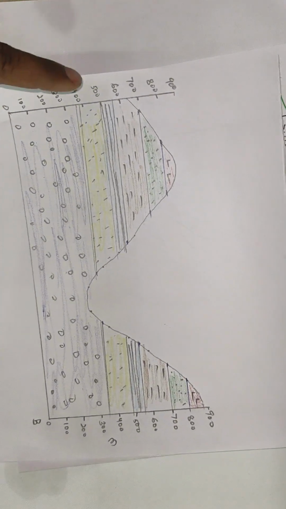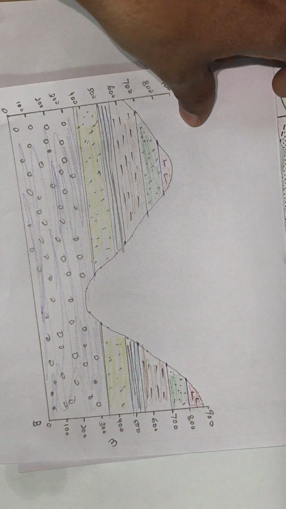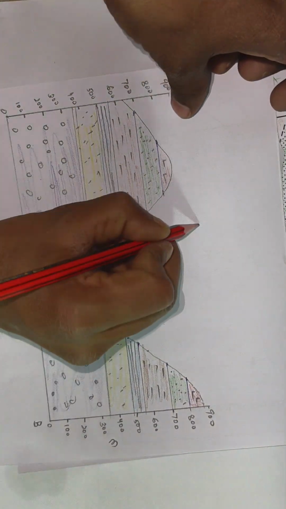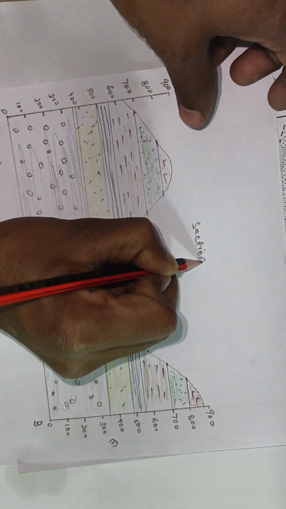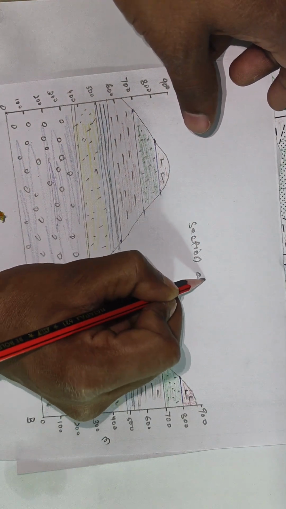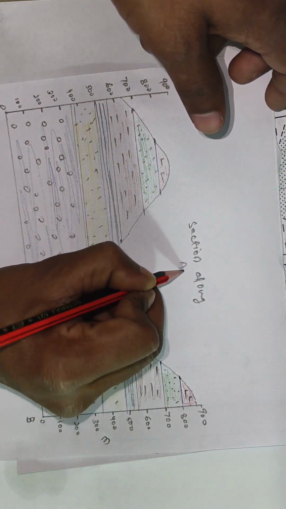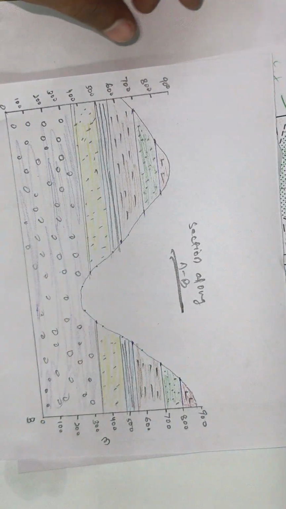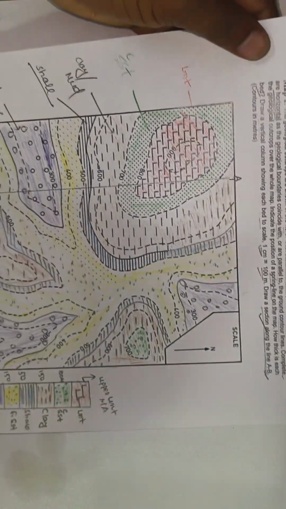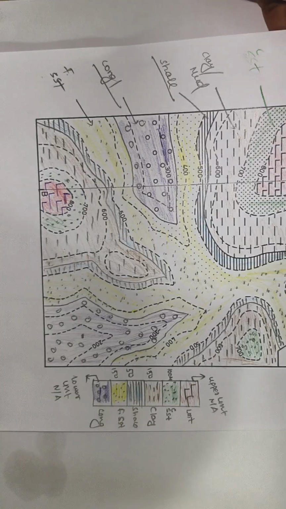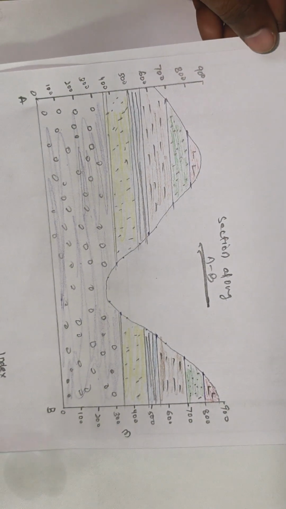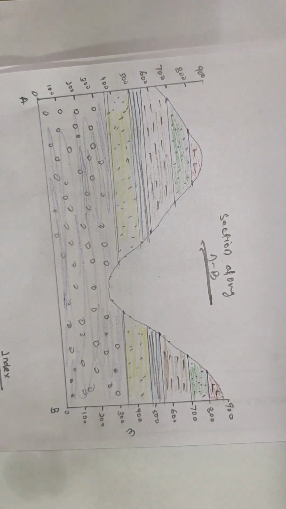So like that you can draw the section along AB. So this is our final result, you can see, and this is our cross section along AB. So thank you for watching this video.